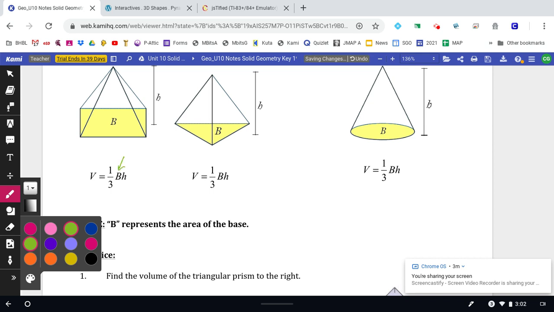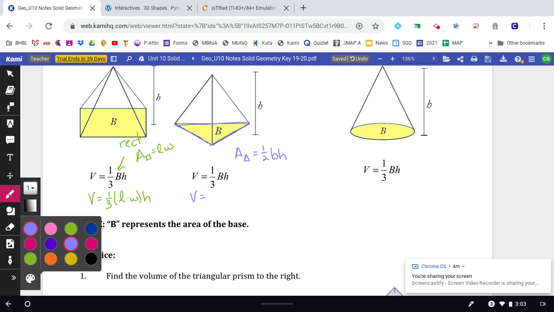So in this case, this is a rectangle, so the area of a rectangle is length times width. If I plug that in, I would have volume equals 1/3 times length times width times the height. Now, if I only had a triangle on the bottom, I would need the area of a triangle, so 1/2 base times height.